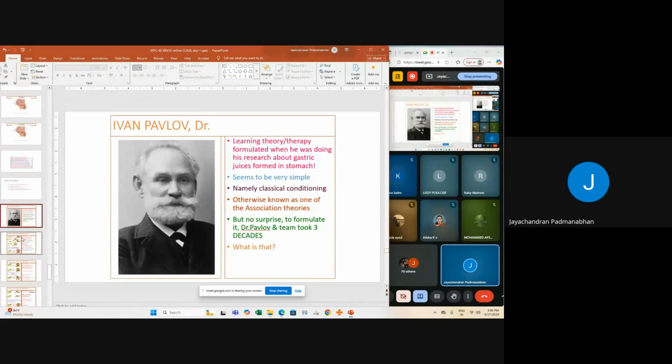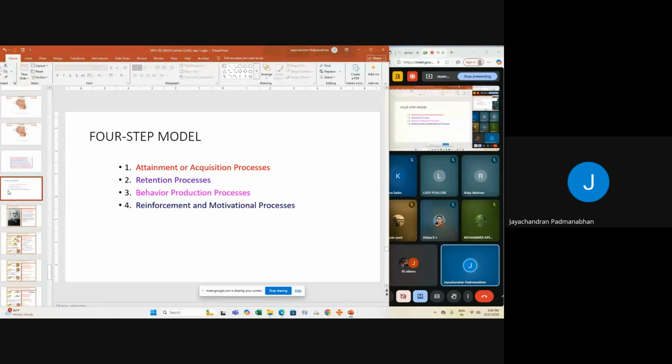Unless there is a study clubbed with the development theory, you cannot understand. So I'm telling you, anybody coming to see you as a psychologist, what you have to give to the person? Attainment or acquisition.